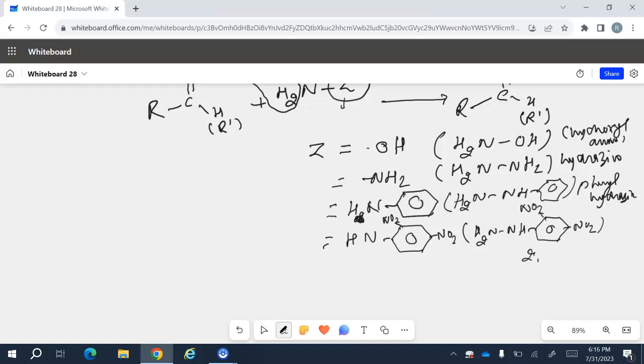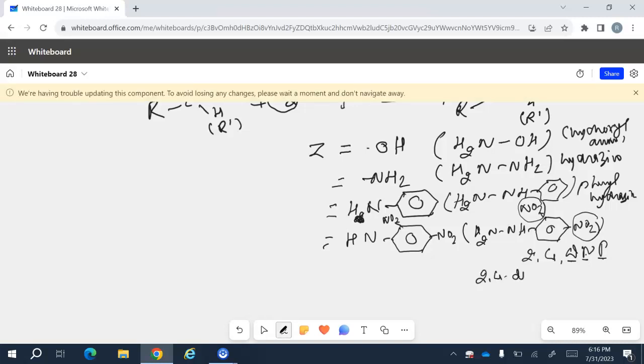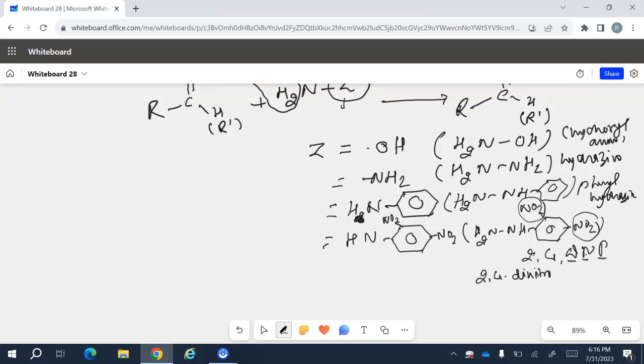This is what we call 2,4-DNP. 2,4-DNP means dinitrophenylhydrazine. In position numbers 2 and 4 we have 2 nitro groups. Therefore the name is 2,4-dinitrophenylhydrazine, 2,4-DNP. So it can be any G group, a variety of G groups that we can use.